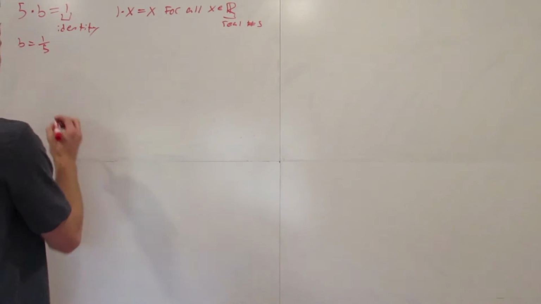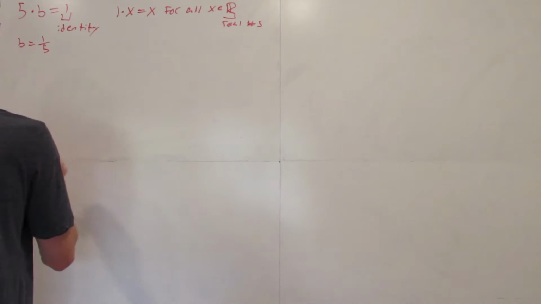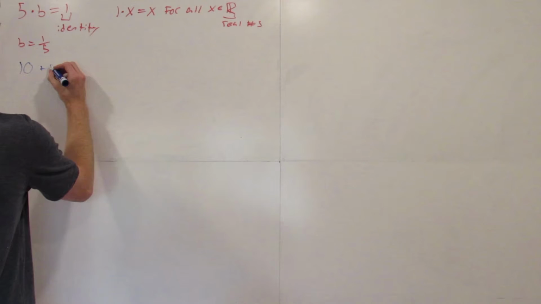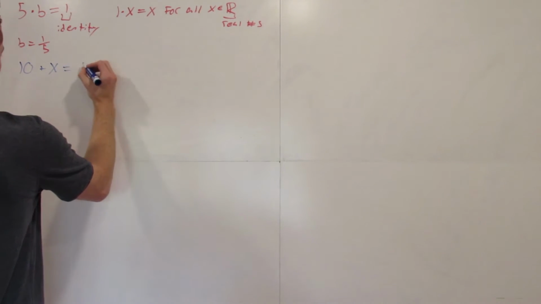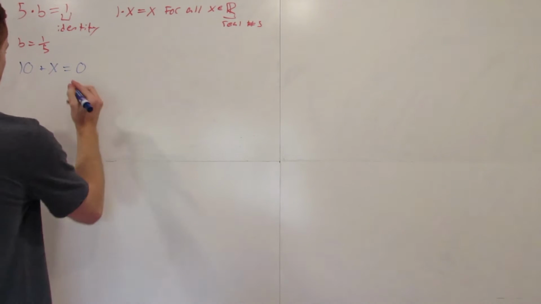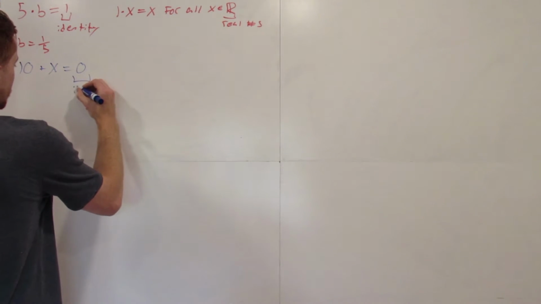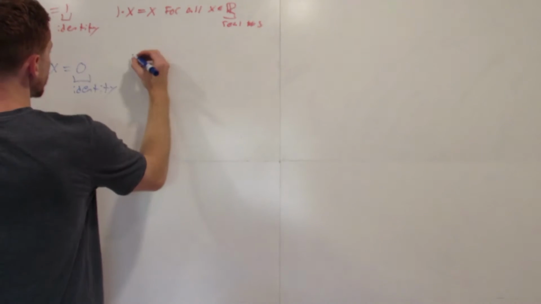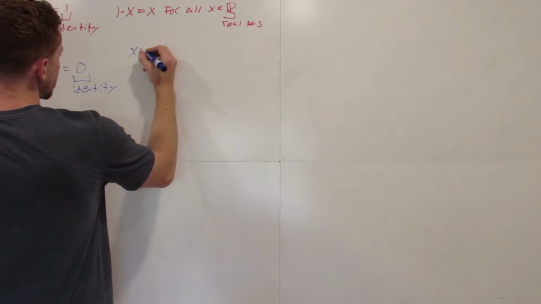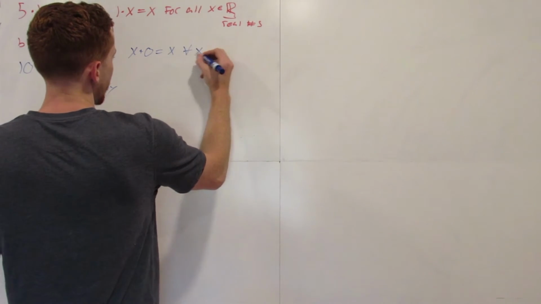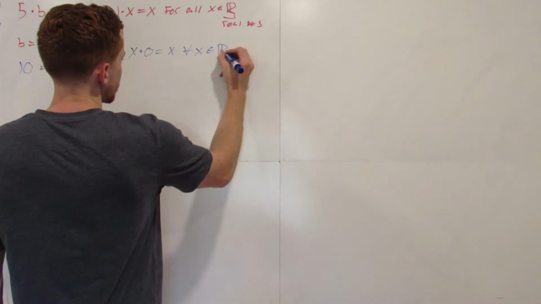So let's just do another one real quick. Let's say you have 10 plus x equals 0. This is another case where the identity element is 0, because x plus 0 equals x for all x in the set of reals.